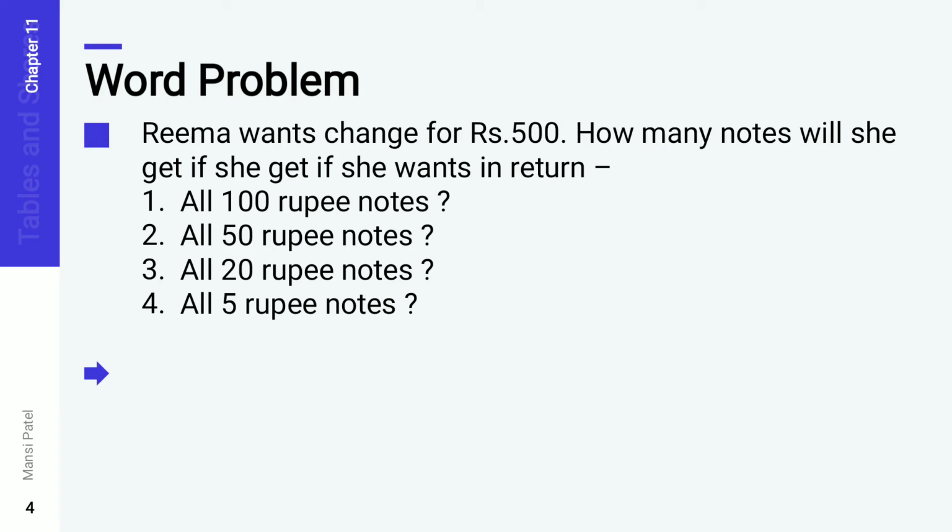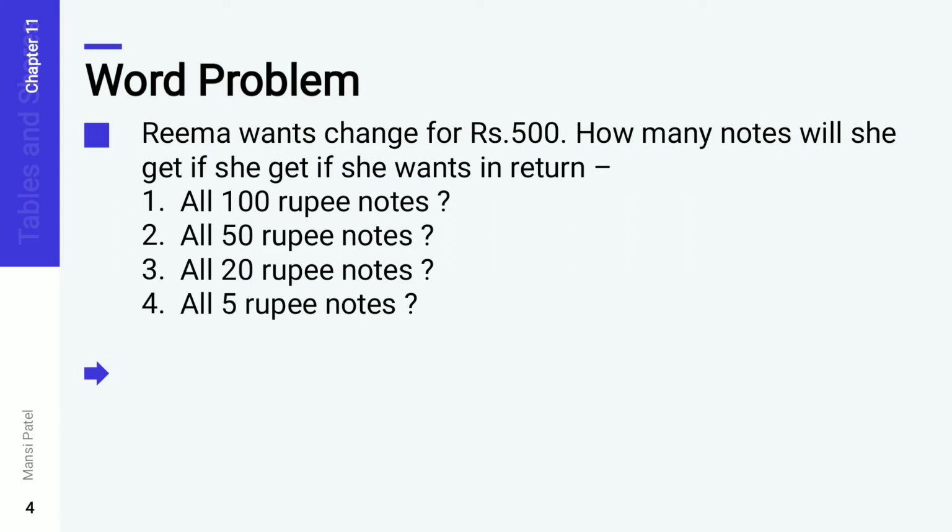So see here, what you want to do first. If you want to find out the number of notes, then one formula is there. Which is that formula? Total money divided by the money of one note.